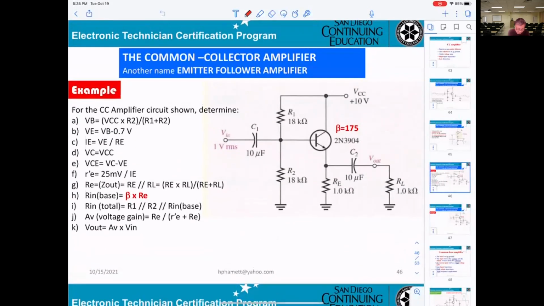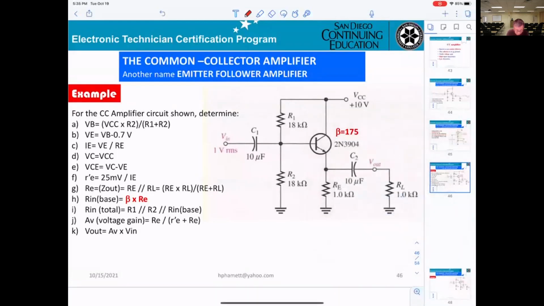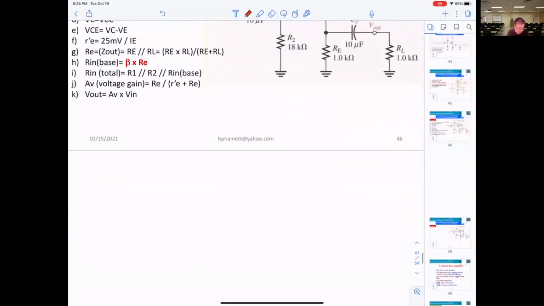I need the room so I can write it down. So VB is 5 volt, right? Yes.